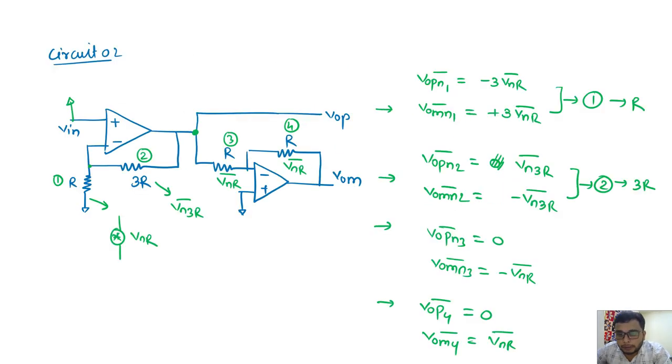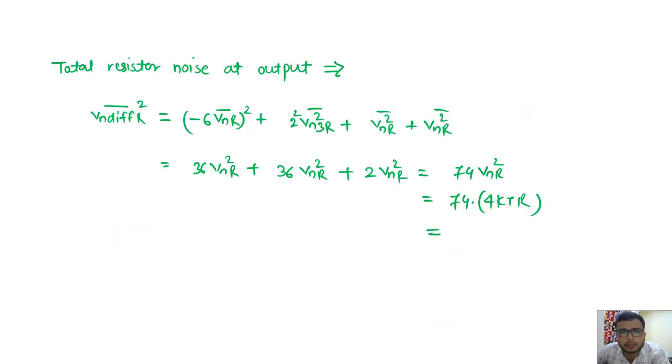I think you need to check the calculation once. 36, so 36 Vn of R square. Okay, no, it is not 3. So 4 KTR. So what is the Vn of R square? It is 4 KTR.